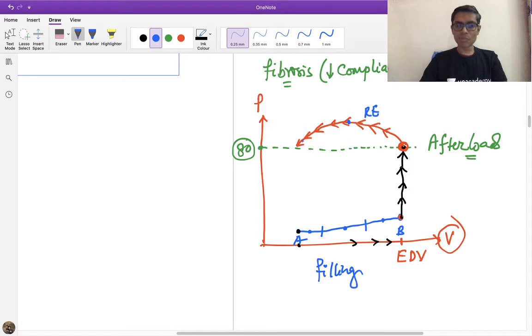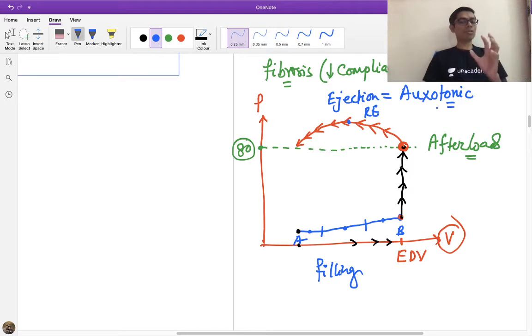Then both volume and pressure are decreasing. So this kind of change of volume and pressure simultaneously is known as auxotonic type of contraction. Auxotonic, not isotonic, not isometric. What do you mean by that? When volume and pressure both are changing simultaneously, that type of contraction is auxotonic contraction.